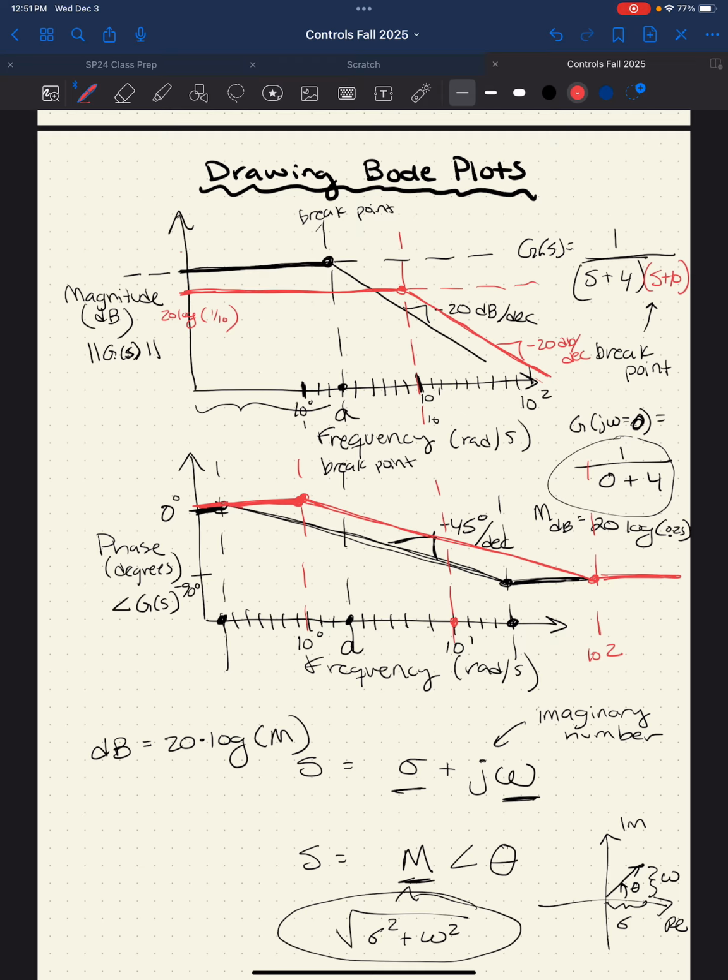Okay. Now I need to add them. So when I add them, I want to look for regions of constant slope. Let's look at the magnitude plot. When I'm in this section, both plots have a constant slope of 0.